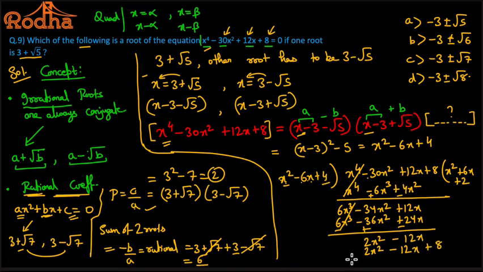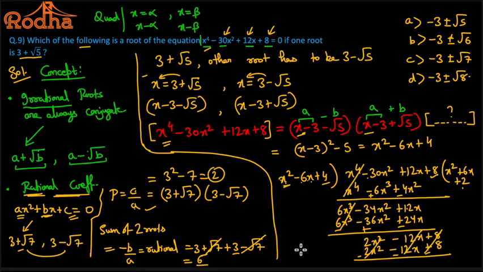Oh sorry, I forgot plus 8 here, yeah. So 2x square minus 12x, this plus 8 will come down. And now if I simply multiply by 2, this turns the same, and if I subtract it, all will get cancelled.